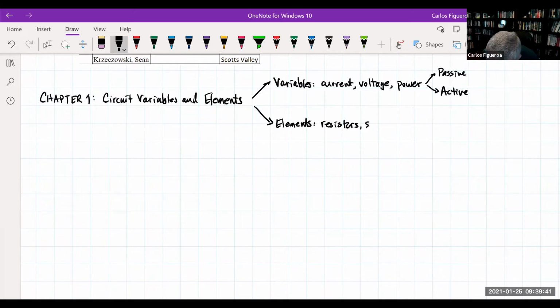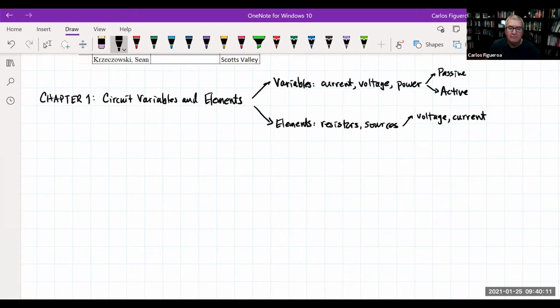And we need to talk about sources. The kinds of sources that you're most familiar with are voltage sources. But there's another kind of source that's known as a current source. So I have to tell you what I mean by a voltage source and what I mean by a current source.